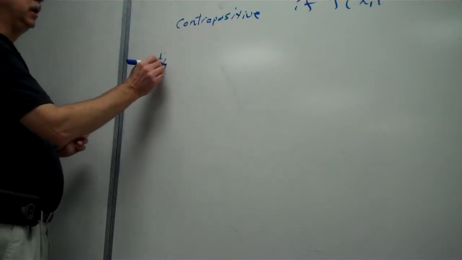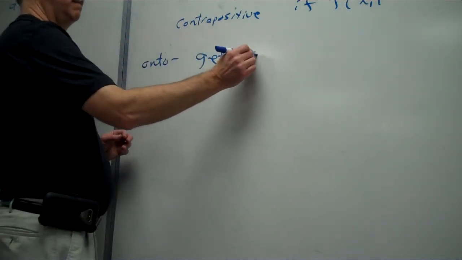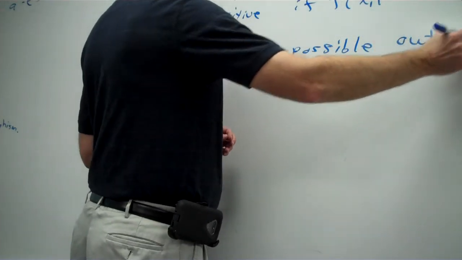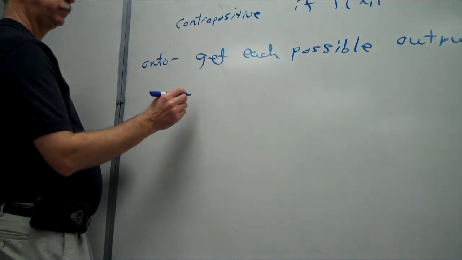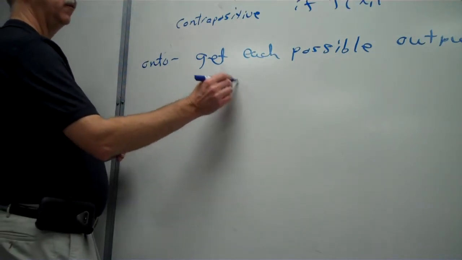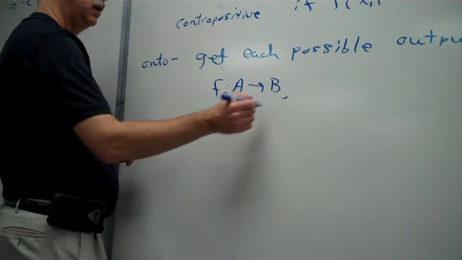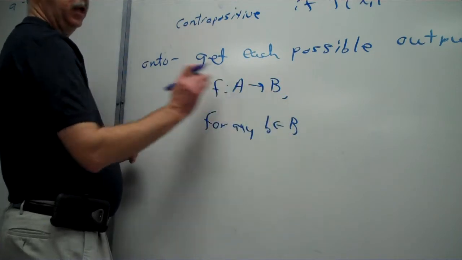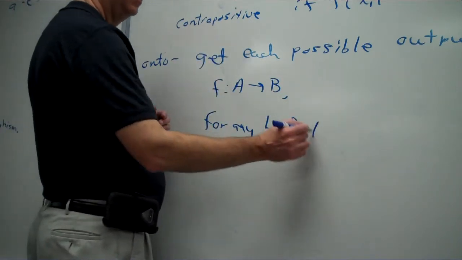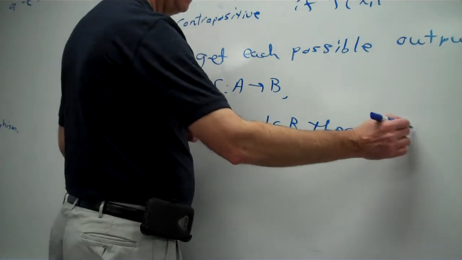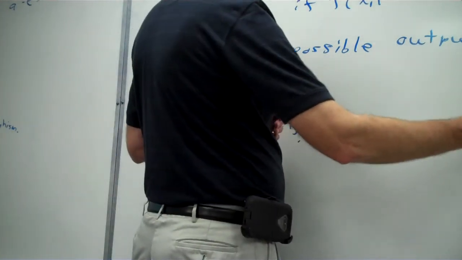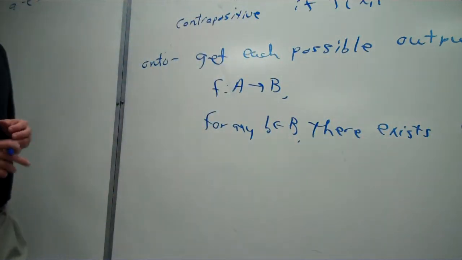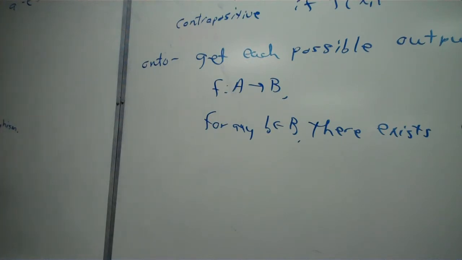Whereas onto is: we have a mapping from A to B, and for any element in the potential outputs, there exists an element in A with f of A equal to B. For every possible output, we can figure out where it came from.